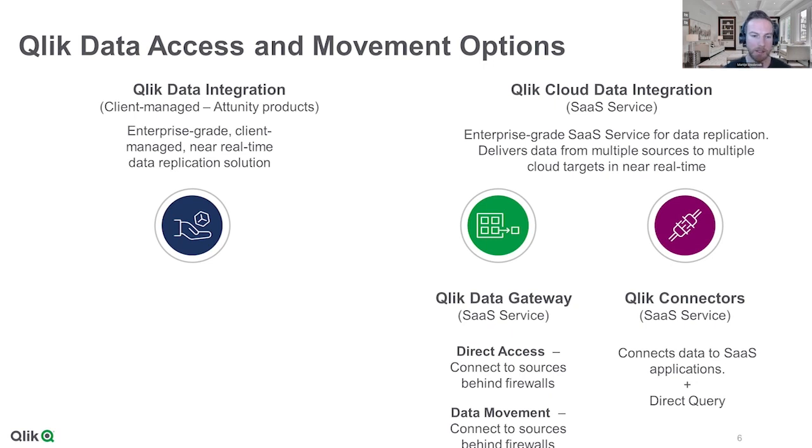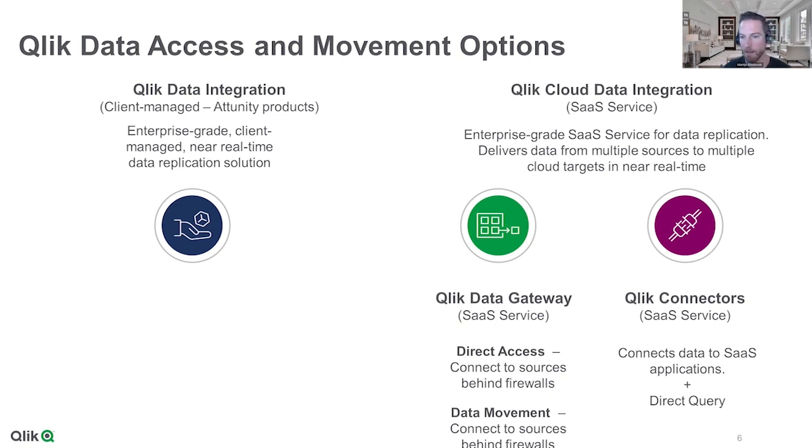That were the Attunity products, and that includes software like Replicate, for example, or Enterprise Manager. So you can move your data from an on-premise to some target, which can be also on-premise or to the cloud. This is what you host yourself.